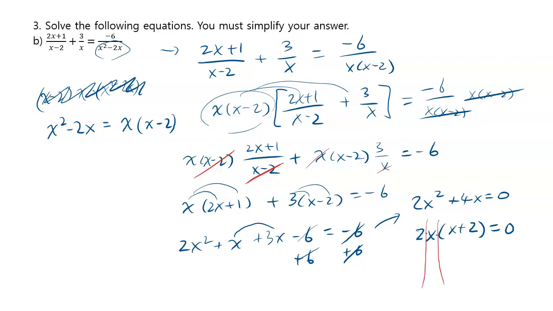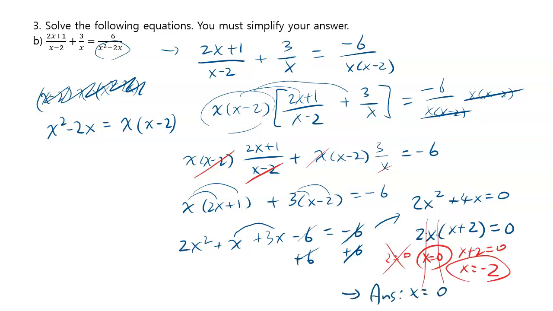So either 2 is 0, which is ridiculous, it can't happen. Or x could be 0. Or x plus 2 could be 0, in which case x must be negative 2. So from this, we see that the answer is x equals 0 or negative 2.